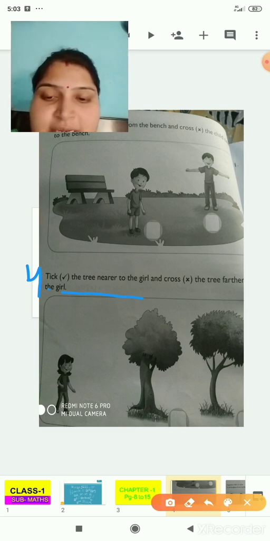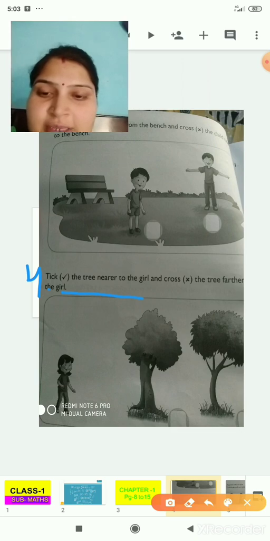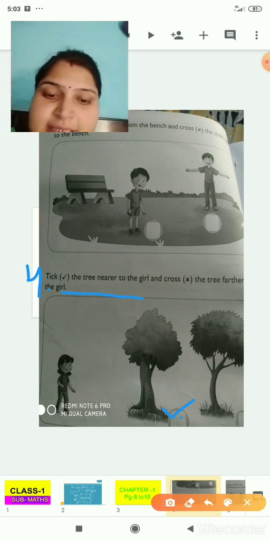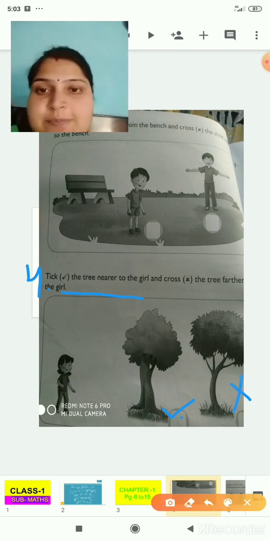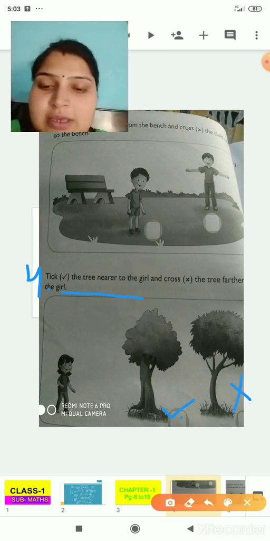Which tree is nearby the girl? If you see the picture carefully, this tree belongs to the girl and this tree is far away. So here we have to tick this tree and cross this tree. Okay, in this way you have to do page number 8.